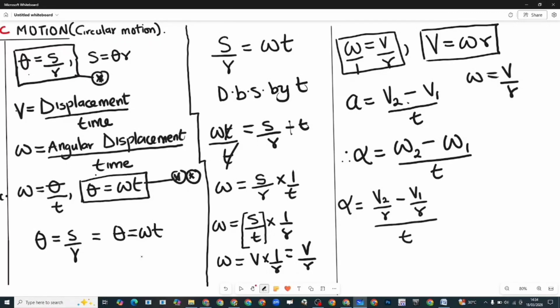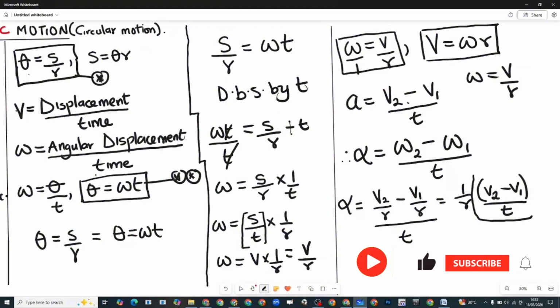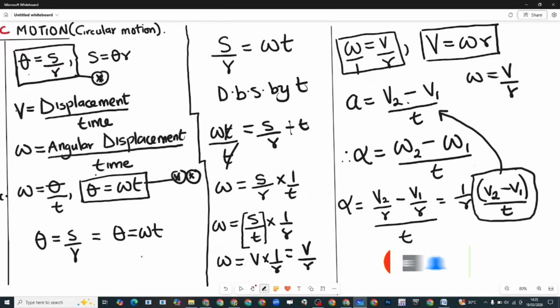Since r is constant, I can bring it out as 1 over r times (v2 minus v1) over time. This v2 minus v1 over time is the same thing as our linear acceleration a, so I substitute that.